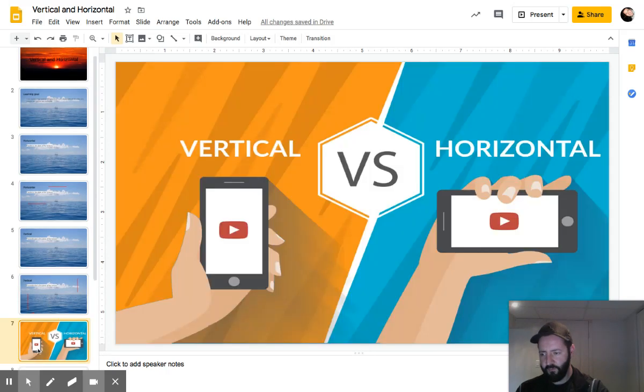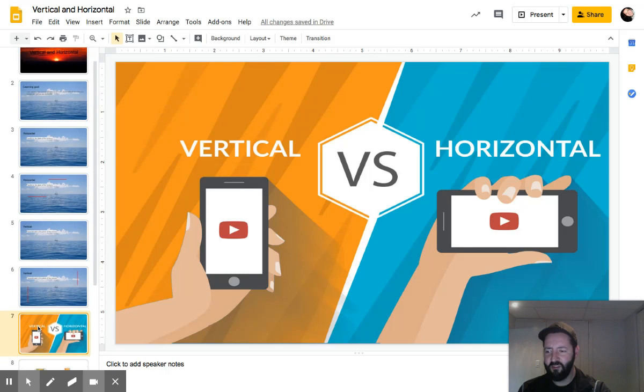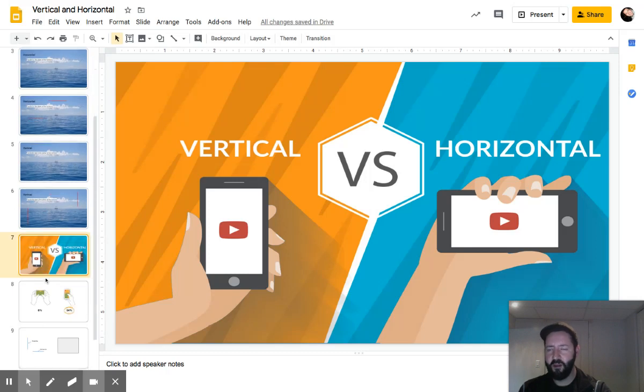Now, just in my research on this topic, I found this interesting little article. Some smart guy at some university did a study about how people hold their phones. So there's the vertical orientation of holding your phone, where your phone is pointing straight up and down, or there's the horizontal orientation of your phone, where it's running from side to side, kind of like the horizon.